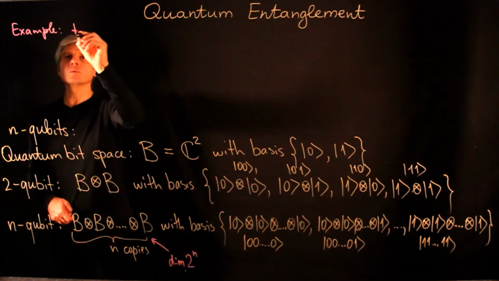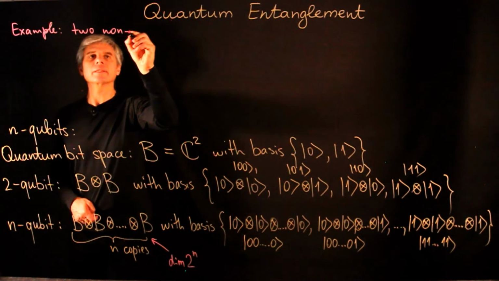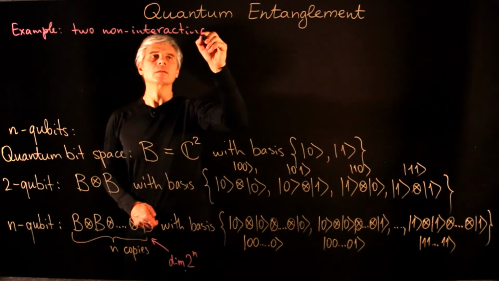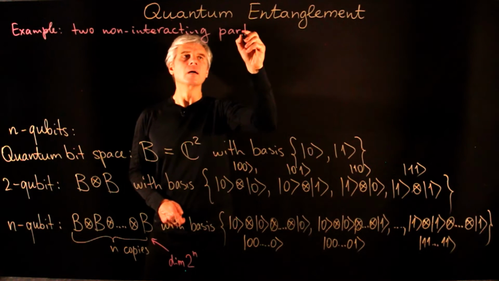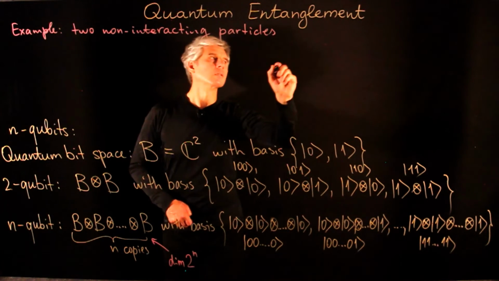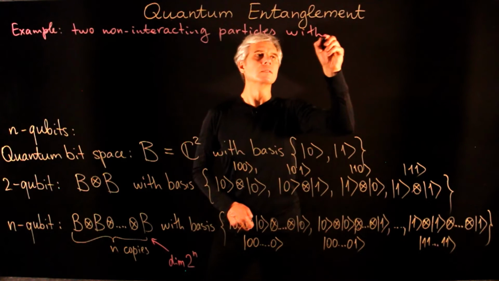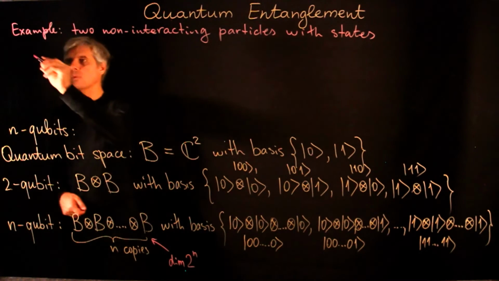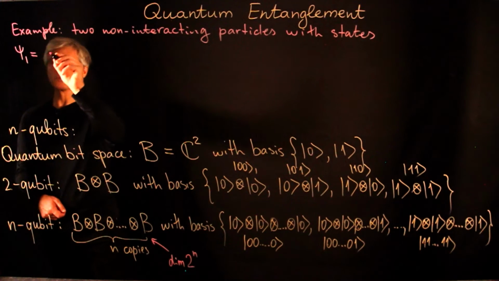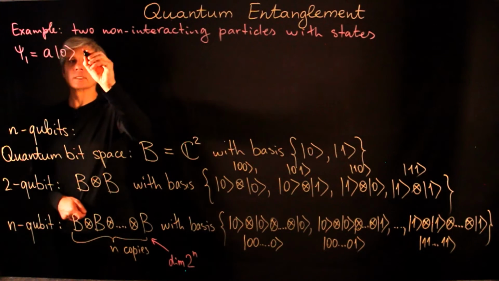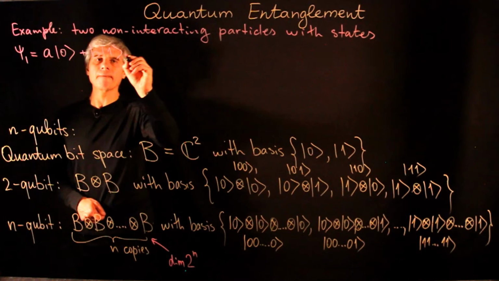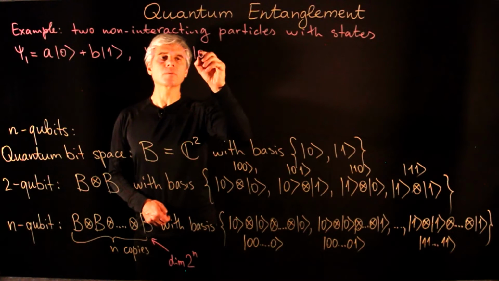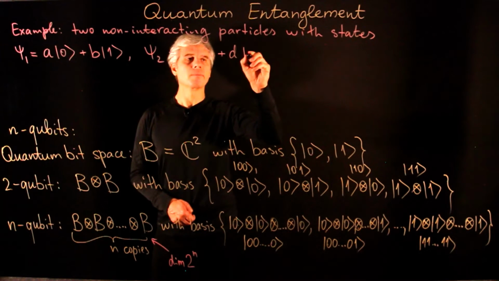Suppose we have two non-interacting particles with states, say, psi1 is equal to a times 0 plus b times 1, and psi2 being c times 0 plus d times 1.